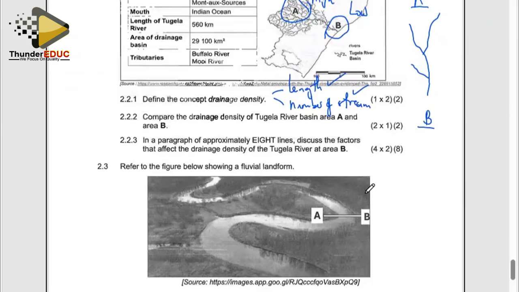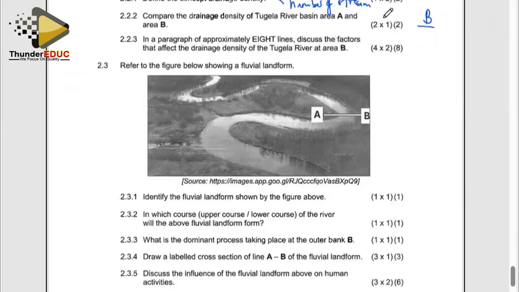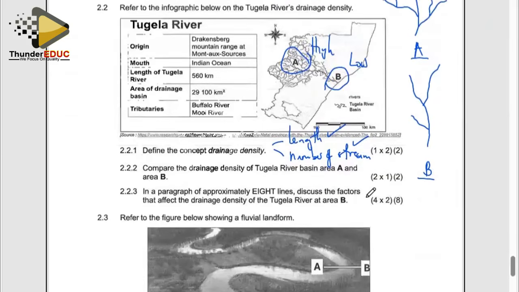So our focus here is, we said we have areas that have got high density and areas that have got low density. So in our case, our area B is low density. Then there are areas which have got high density.